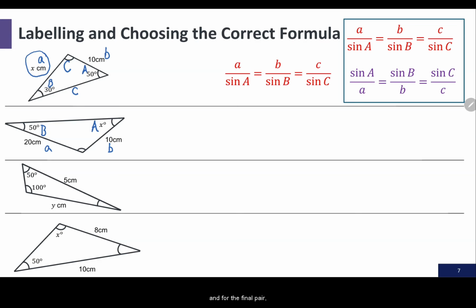And for the final pair, this bottom angle is capital C, and the side opposite is lowercase c. In this question we're trying to find an angle, therefore I would be using the purple formula, where sine A, sine B and sine C are numerators.